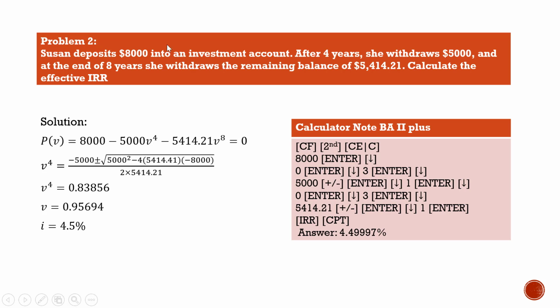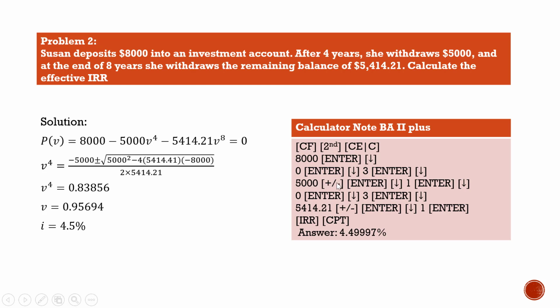One thing you need to be careful about here: at time 4, Susan withdraws 5,000. So from time 1 to time 3, there was no transaction. So we enter 0, scroll down and enter 3 for the frequency. That means from time 1 to time 3, the cash flow is 0. And then at time 4, the cash flow of 5,000 is negative, because this is the liability.